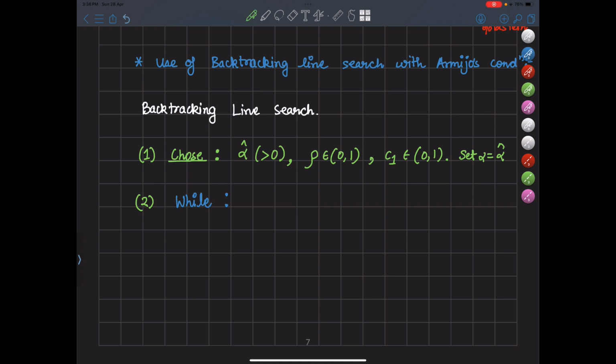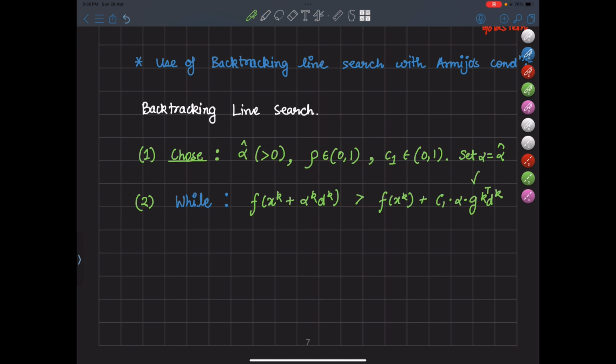while f(xk + alpha dk) is greater than f(xk) + c1 times alpha times gk transpose dk.